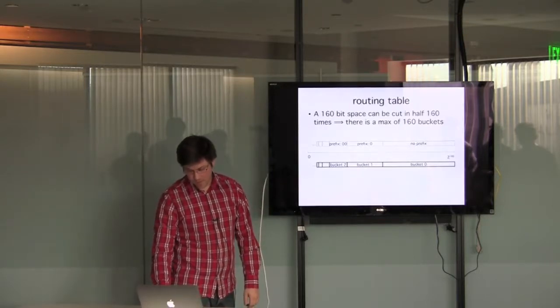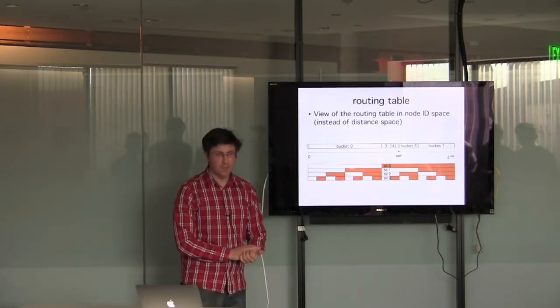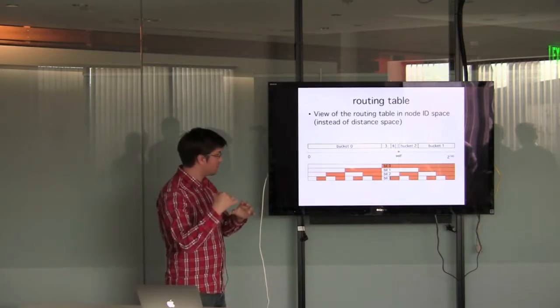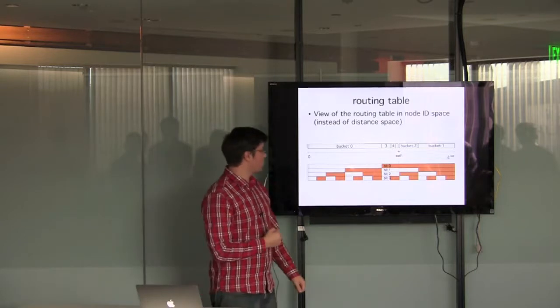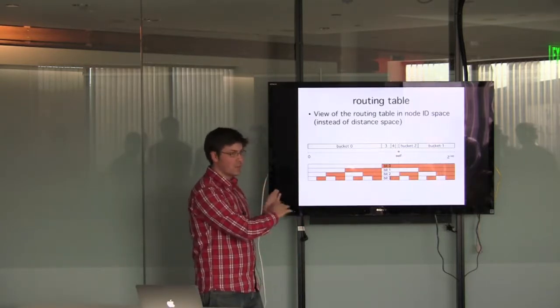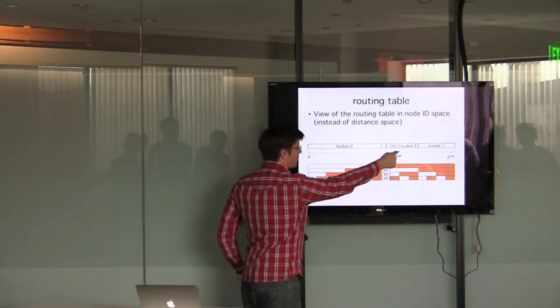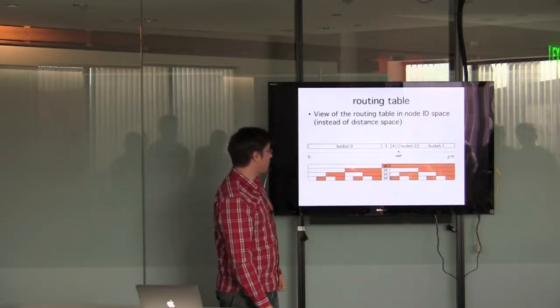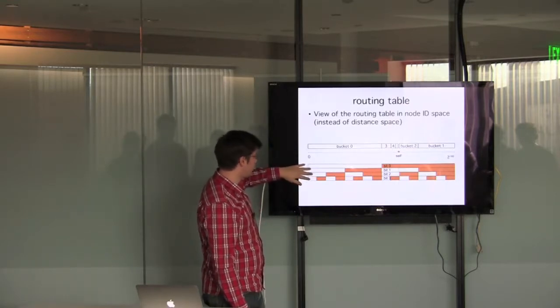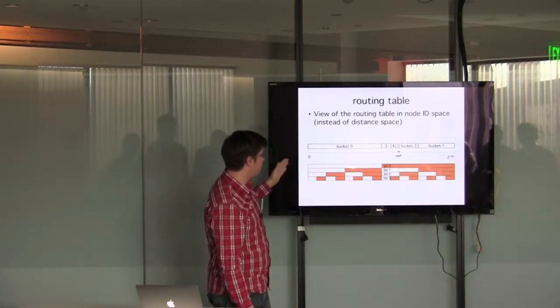Now this is my slide where hopefully this will aid a little bit with an intuition for how this actually ends up working out. This is not the distance space anymore. This is the node ID space. We are here. I put out the first 4 bits here in the value space.